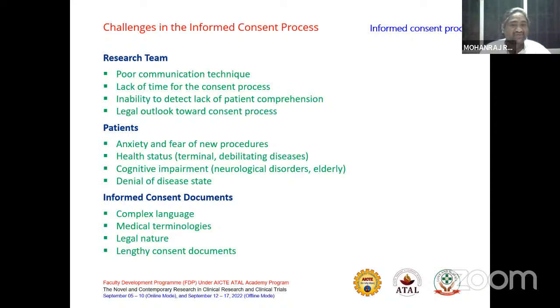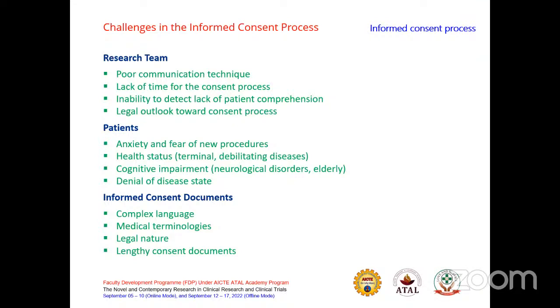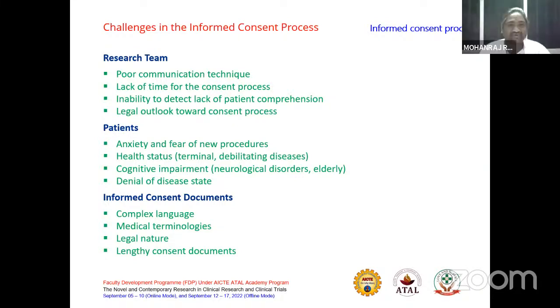And number three is cognitive impairment. Particularly, we can see this in elderly geriatric patients or neurological patients. And right now, India is a hub for endocrine disease. And also, a recent survey says that there is more stress in the population.